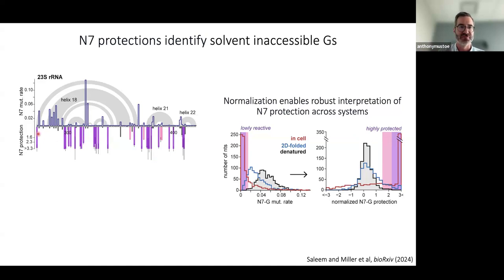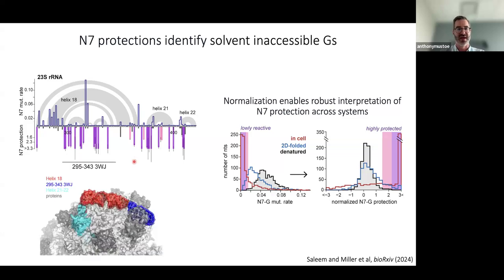And so I'm going to be showing this data using this scheme throughout the rest of the talk, where things that are very significantly protected, I'm showing here in purple, and you can see these coincide with basically the most lowly reactive positions in this segment of the 23S. And then things that are moderately or still significant, but less extreme, showing here in pink.